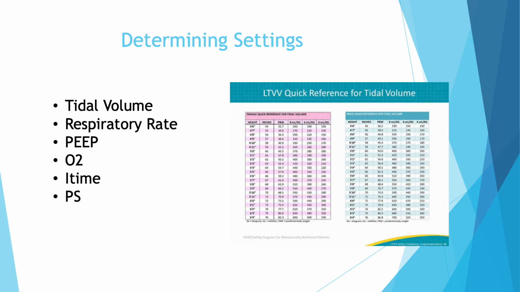Oxygen's usually predetermined by an arterial blood gas, or started off at 100 to 80% and weaned from there after blood gas monitoring. I time, if a patient's spontaneously breathing, I time controls flow.